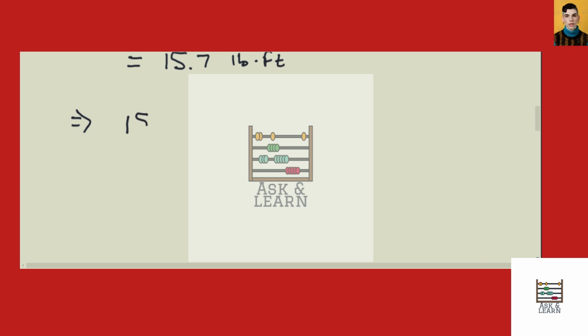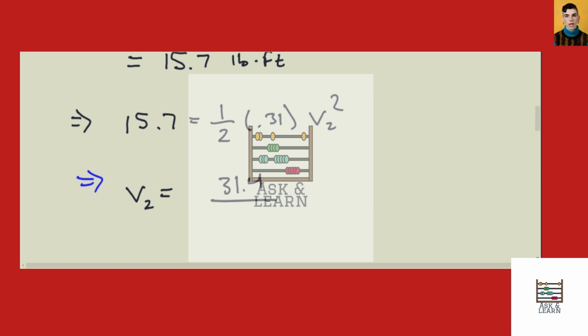We have the work, 15.7, is equal to 1/2 times the mass, 0.31, times v2 squared. If we solve for v2, we get 31.4 by multiplying both sides by 2 divided by 0.31. And then to get rid of the square, take the square root of both sides. So v2, the velocity of the collar, is 10.06 feet per second.